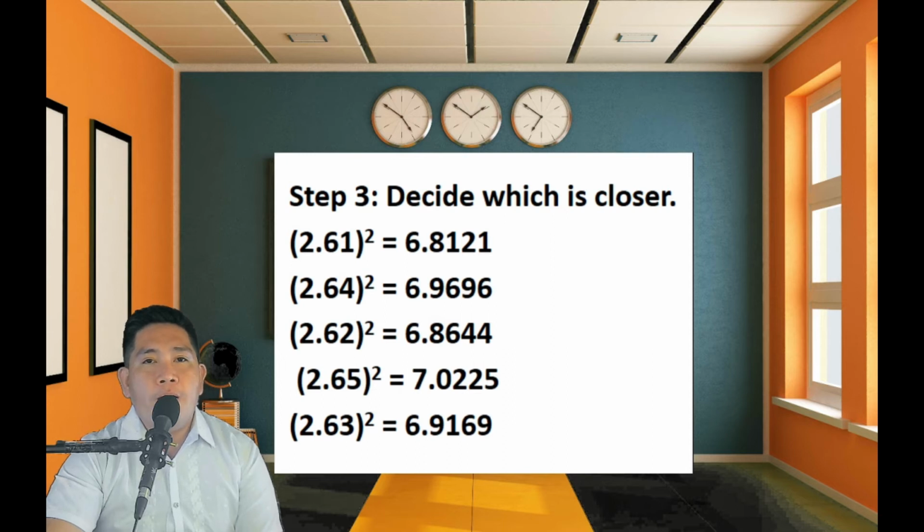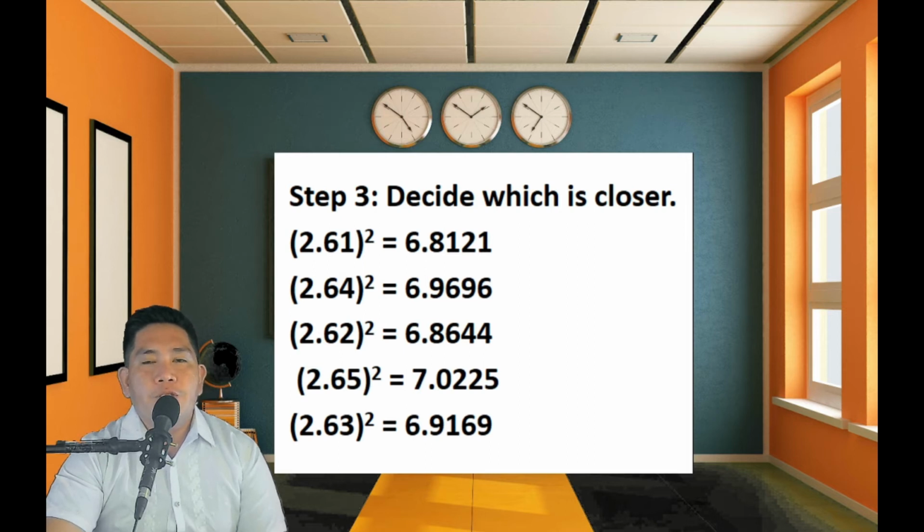The square of 2.63 is equal to 6.9169. The square of 2.64 is equal to 6.9696. And the square of 2.65 is equal to 7.0225.